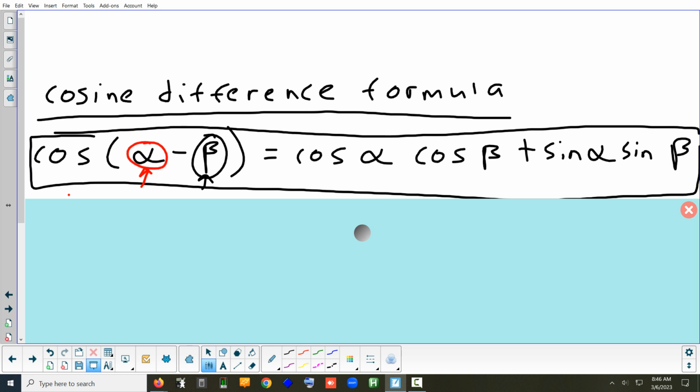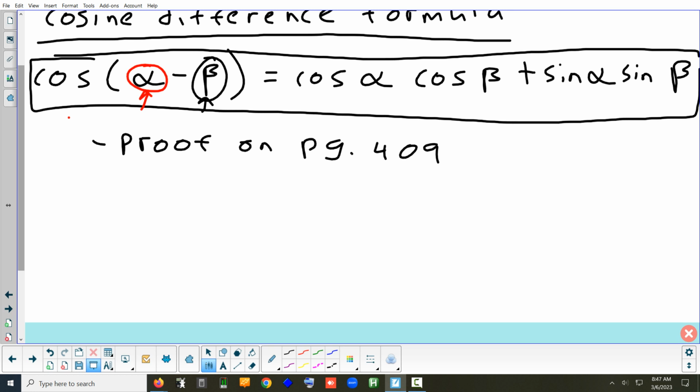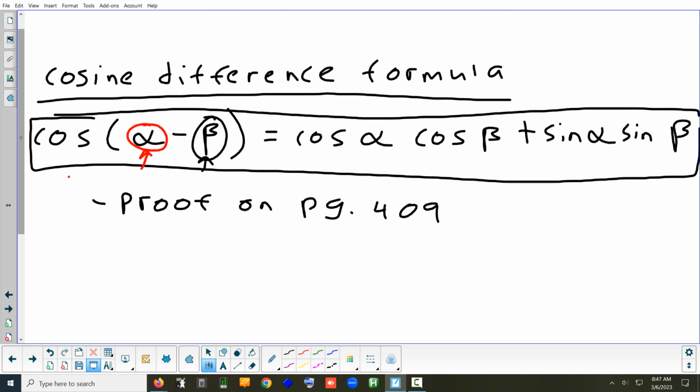And if you're wondering, why would you even take something like that and write it like that? I'm going to show you in a second. The proof is on page 409. It's a little more complicated than what we would go through, so we're not going to do that. Everybody have that formula written down?